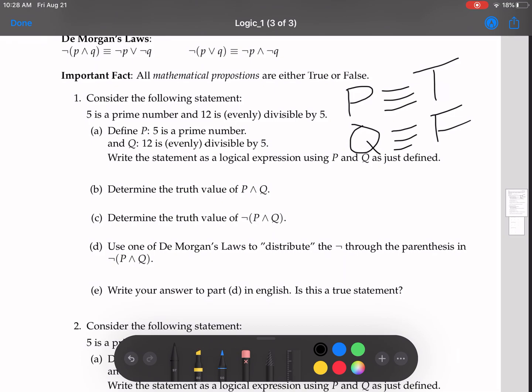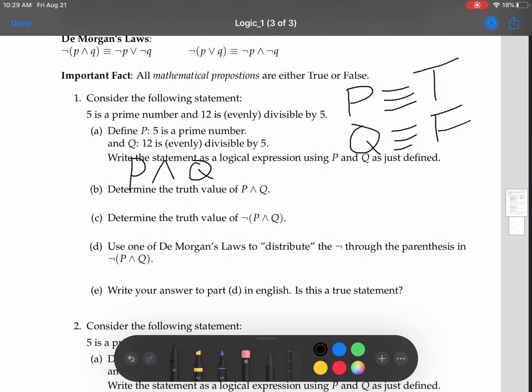Okay, so we're going to write this statement as a logical expression. For this first one, we have P and Q. Now we'll determine the truth value of P and Q. This is as simple as asking, when is an and true?